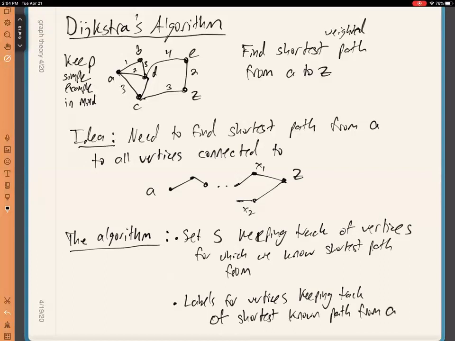Right, from A to whatever vertex. And in particular, this algorithm takes the whole graph into account, which is what you need to do in order to solve this problem. And as I mentioned before, along the way, it actually solves similar subproblems. For example, if you look at the graph above, when you run this algorithm, you're also going to find the length of the shortest path from A to E, and also the length of the shortest path from A to C, and so on, right?